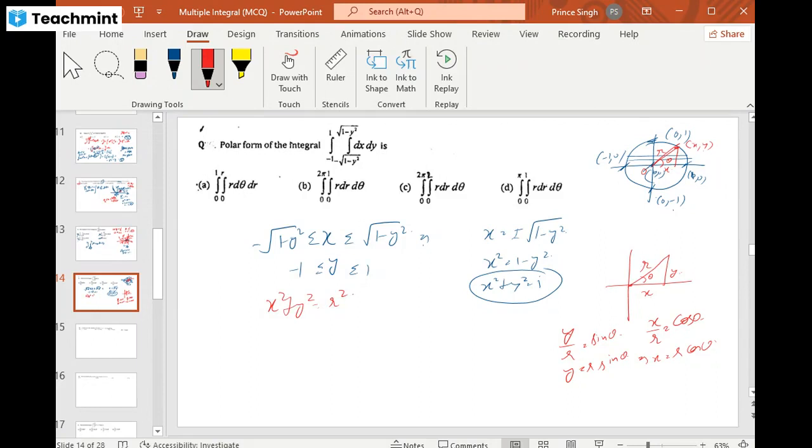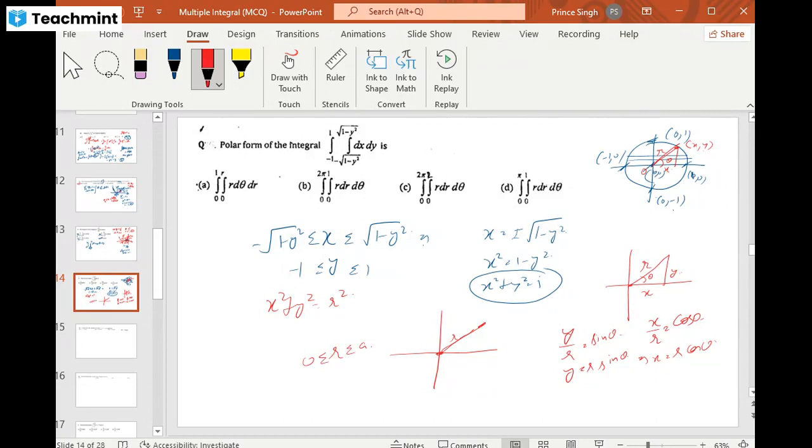In case of a circle, the limit of r varies starting from the origin. How do we construct a circle? We start from the origin and move a distance r to the boundary of the circle. If the radius is a, the limit of r varies from 0 to a.